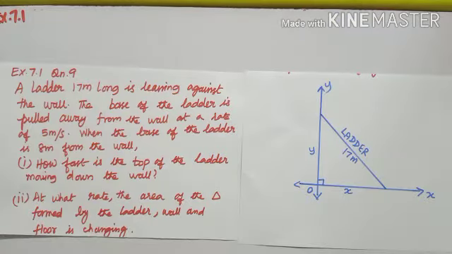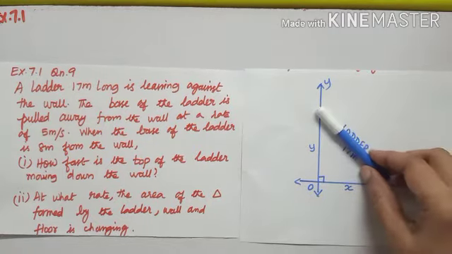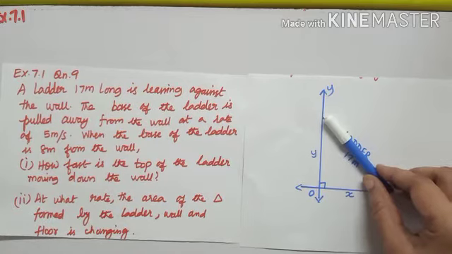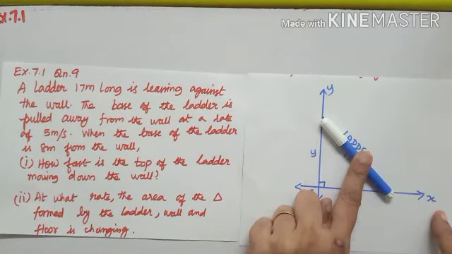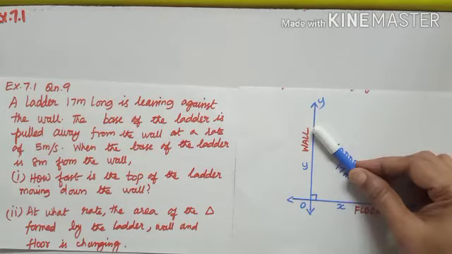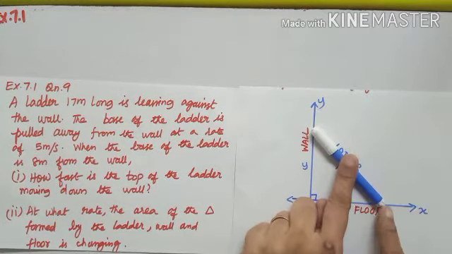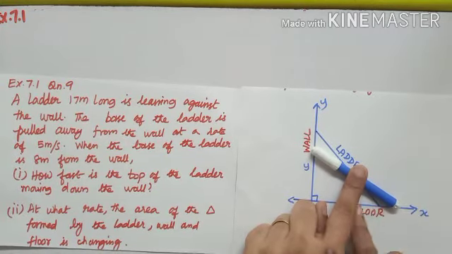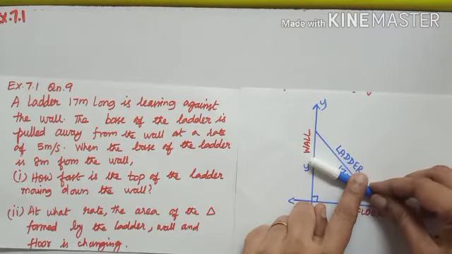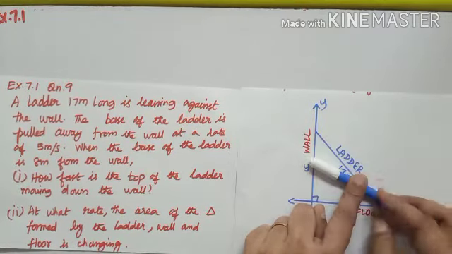Question number 9, exercise 7.1. A ladder, look at this, a ladder is leaning against a wall and a floor. As the base of the ladder is pulled away, the height is also changing.